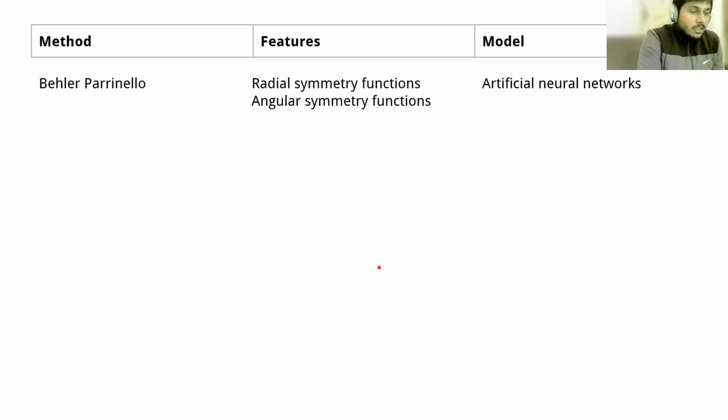Okay. So up until now, we have discussed that we use angular and radial symmetry functions, and then we use a simple artificial neural network setup to regress. What exactly is an artificial neural network? Well, it's the most basic thing.